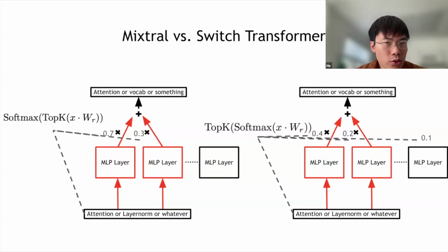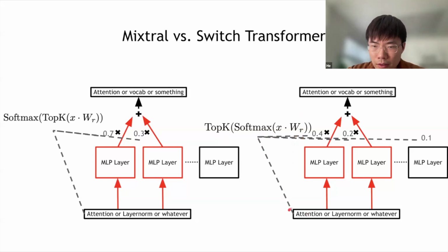Let's dive into another detail in the MoE design. This is one of the key differences we discovered, and it is very helpful for upcycling our models. This is a classic Switch Transformer style router.